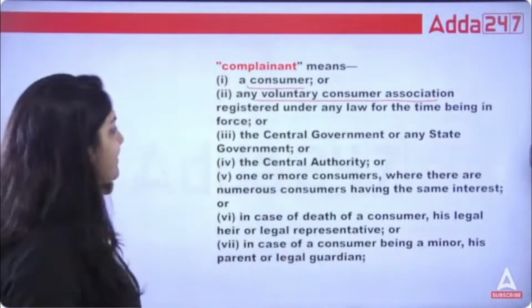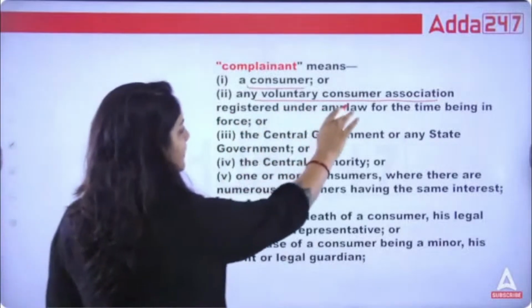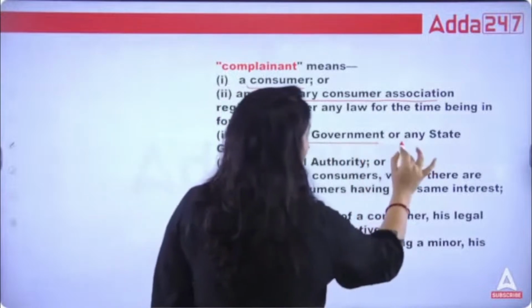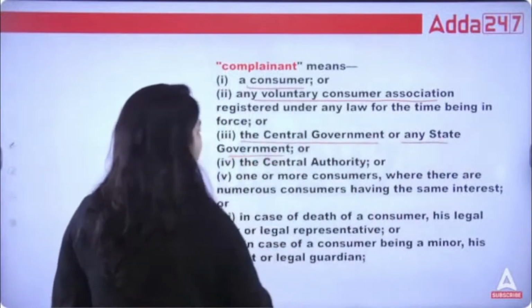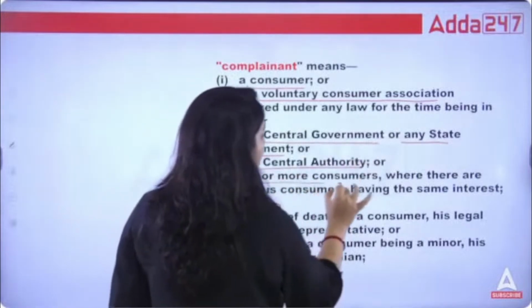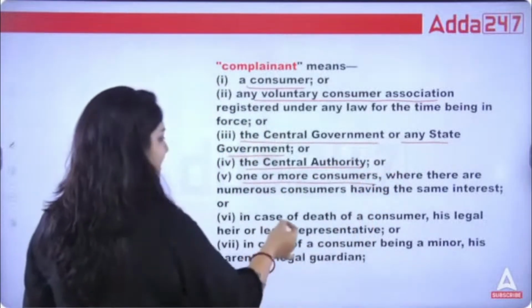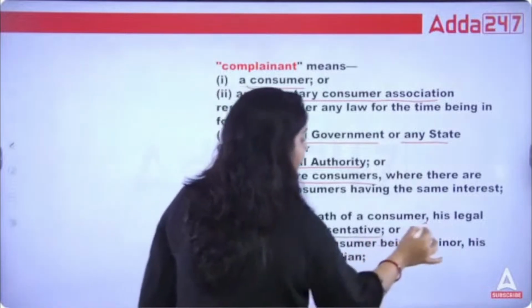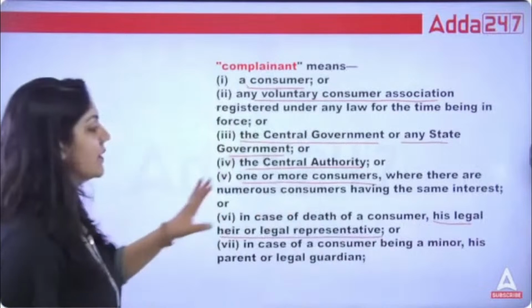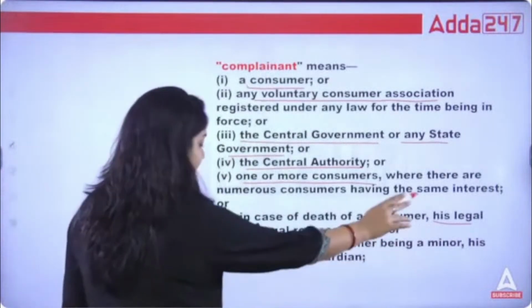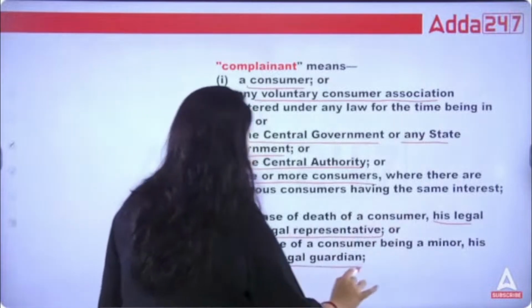So a consumer is a complainant, any voluntary consumer association, the central government or any state government, the central authority, one or more consumers. In the case of death of the person, his legal representative will also act as a complainant, and in the case the consumer is a minor, his parent or legal guardian.